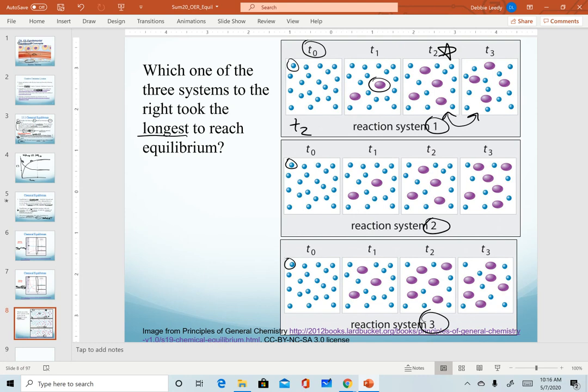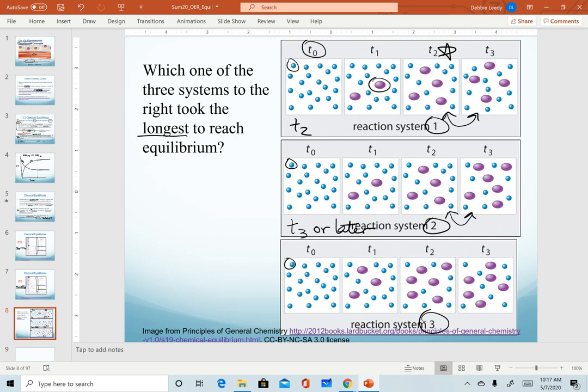For reaction system 2, we do the same thing. However, notice that as I compare T2 to T3, these two boxes, there's still a change in number. So in this one, my system might or might not have reached equilibrium yet. So possibly at T3 it's at equilibrium, but it could still be changing, so maybe later.